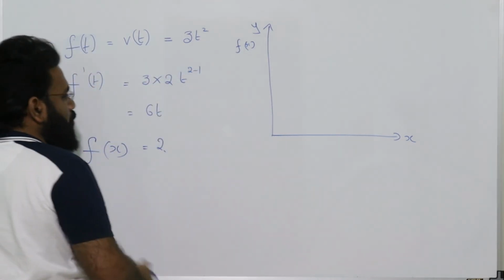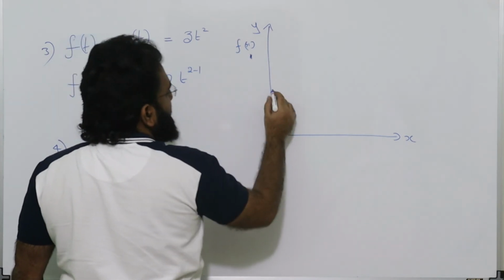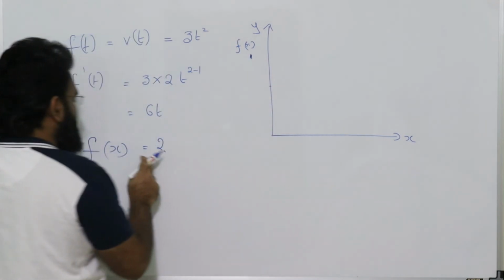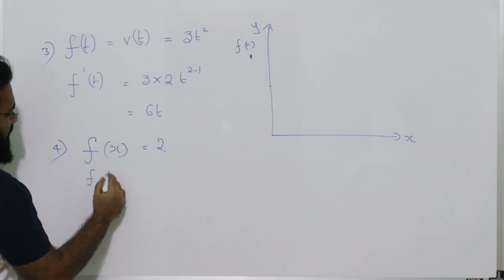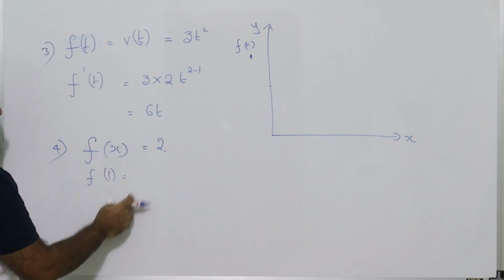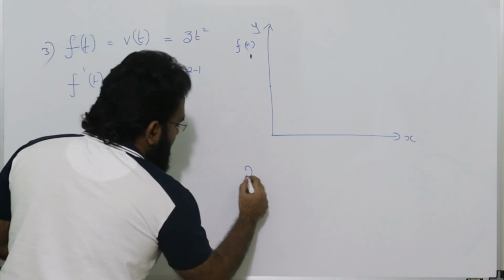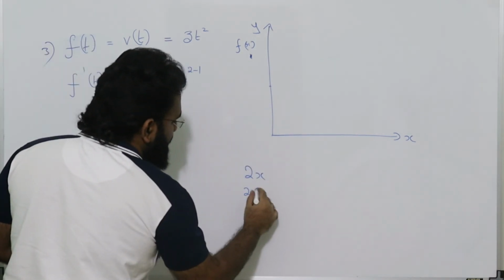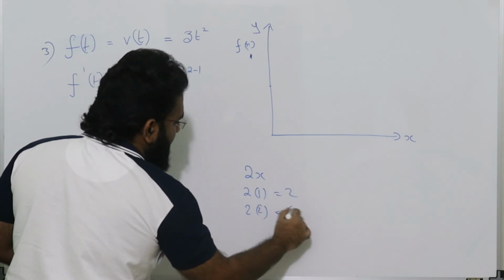So when I write 2, at x is equal to 1, what is the output? When f of 1 is given as 2, I don't have anything to substitute. If it was 2x, I would put 1 and get 2, put 2 and get 4.